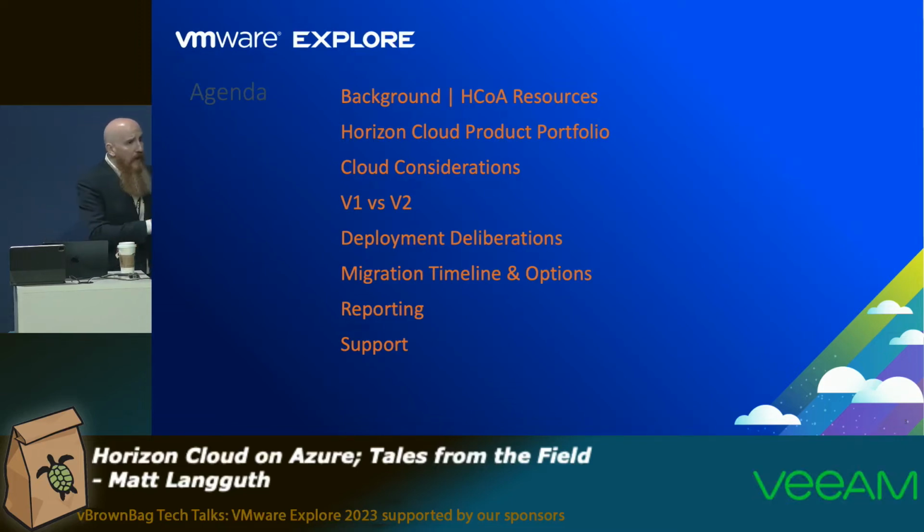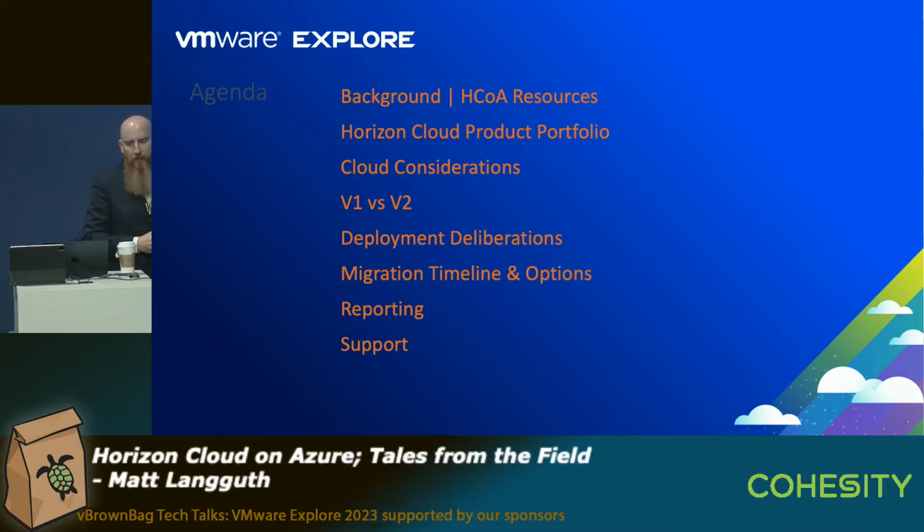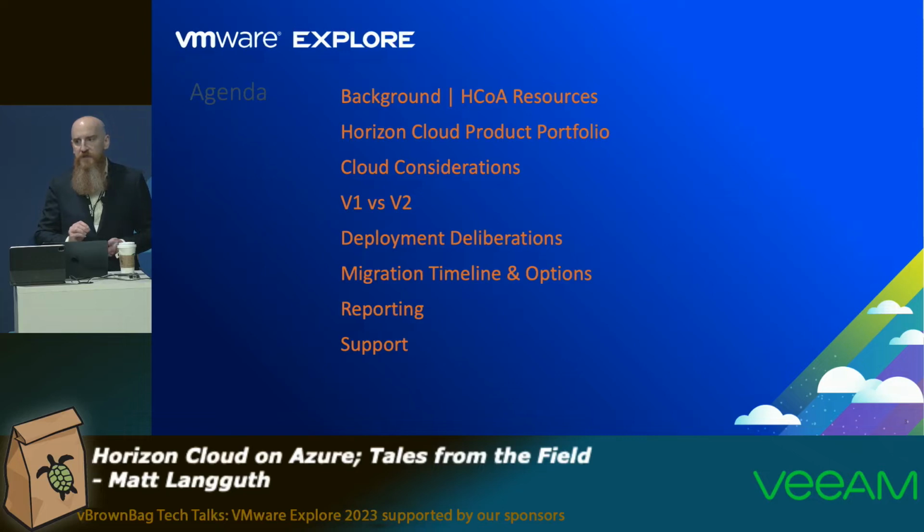We'll talk about why you would want to consider deploying version 1 versus version 2, and then some of the migration options that you have if you're a current V1 customer and what that would look like to move your estate over to the next generation of the platform, and also some of the timelines that go along with that. We'll talk about some of the reporting considerations that you need to take into account if you're a current V1 customer, and we'll cover some of the ways to optimize your support experience when using HCOA.